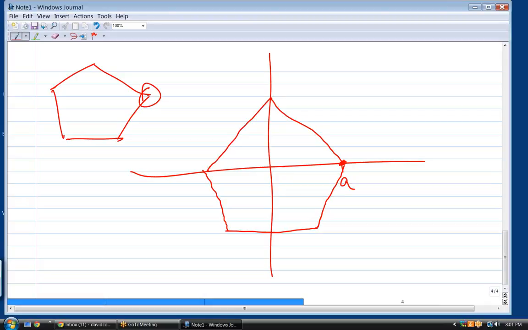So none of the other vertices would fall on an axis? Which is not the way I've drawn it, is it? If I remember correctly, it may. Well, certainly these two don't.